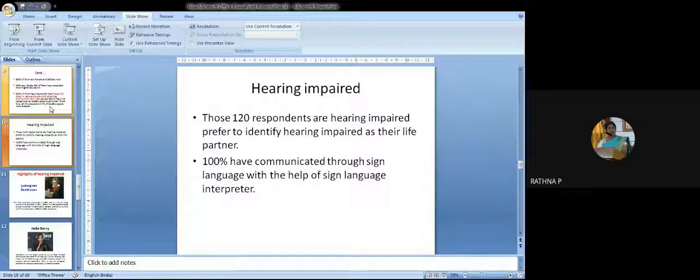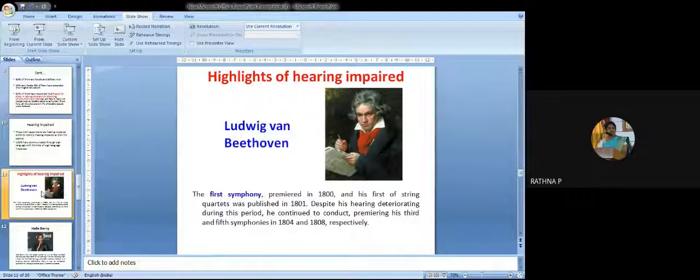And 100% of them communicate through sign language only. Using sign language interpreters, we were able to understand what they were requesting and to communicate what we wanted to tell them. These are the highlights I wanted to communicate.